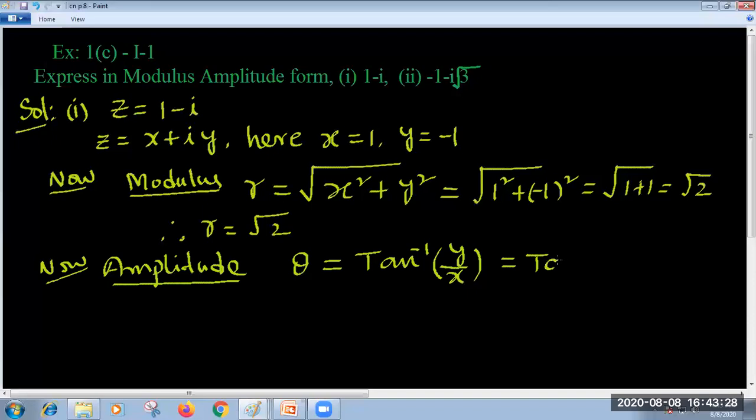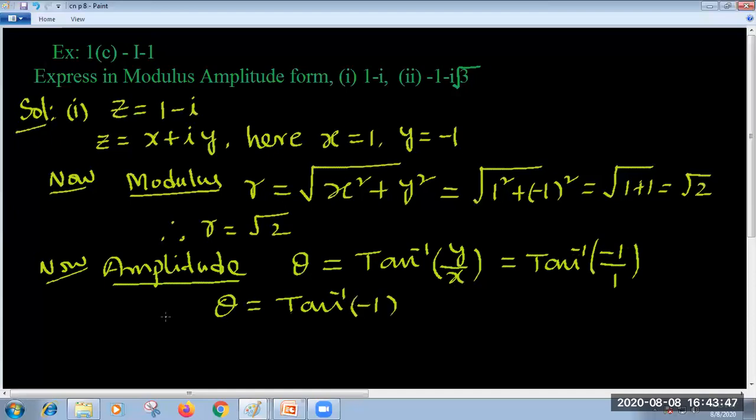So in this problem, the y value is minus 1 and the x value is 1. Now theta is equal to tan inverse of minus 1 by 1, which is minus 1.